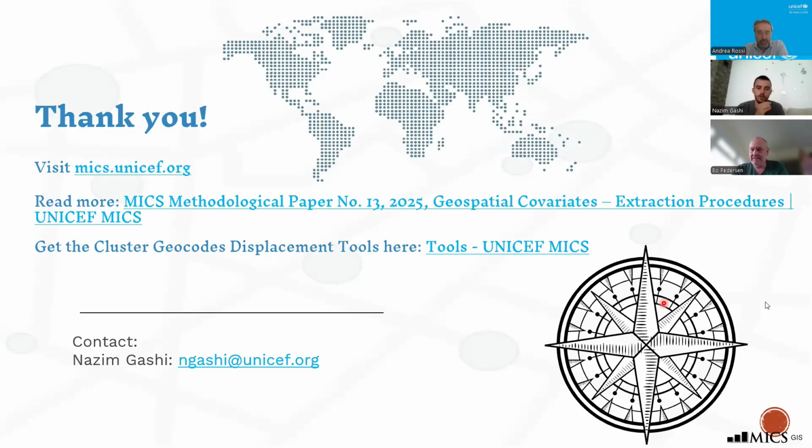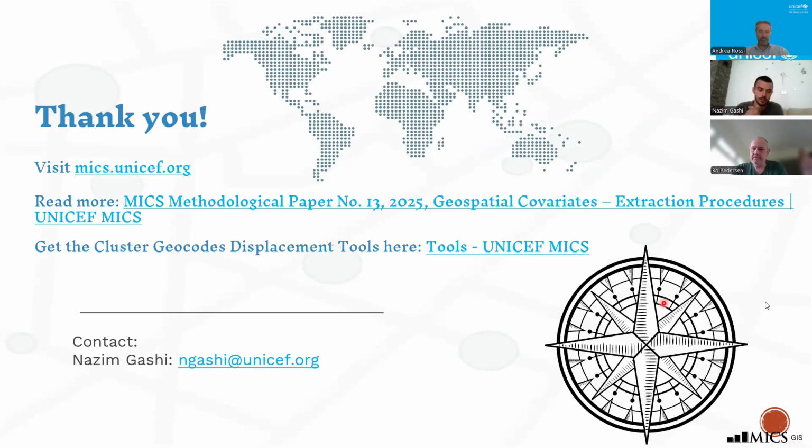As I said, that's why we are using the buffers of 2 and 5 kilometers. So that automatically includes the original location of the cluster, but only within the 2 and 5 kilometer buffer. But this is done using the displaced cluster location. So this is the first part of the question.